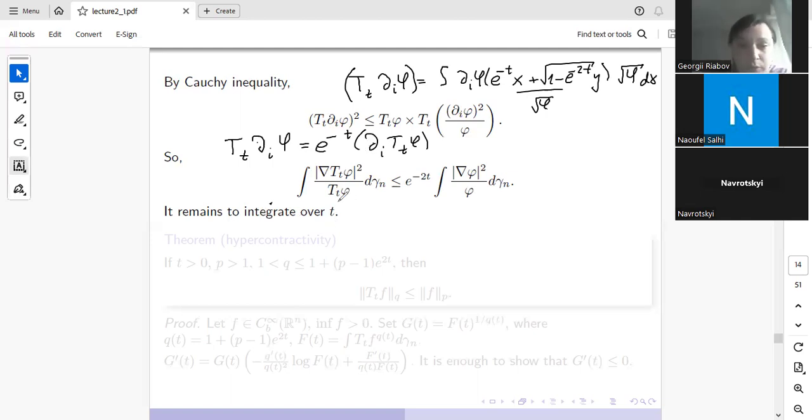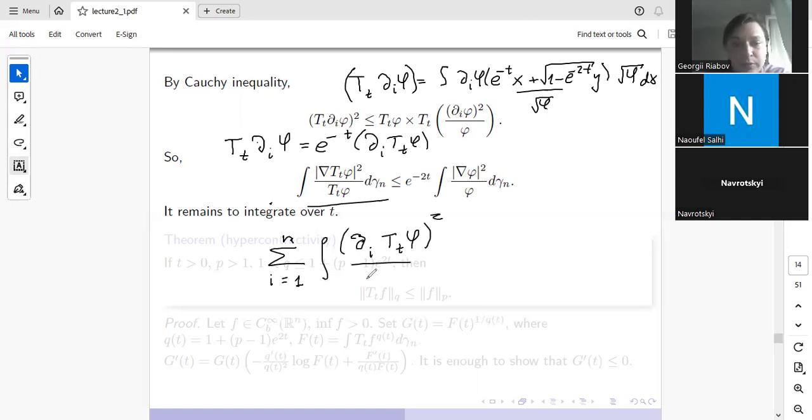So here in the left side, we get the sum over i from 1 to n of the integral of partial i Tt phi squared over Tt phi, d gamma.